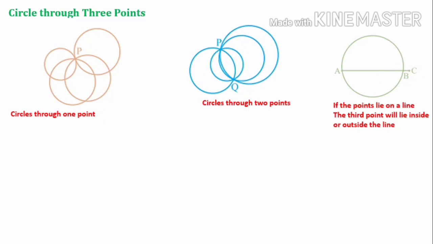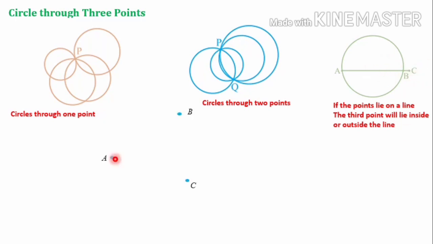We will not be able to draw a circle which is passing through A, B and C if they are lying in the same line. It will pass through the given 2 points and the third point will be either inside the circle or outside the circle.